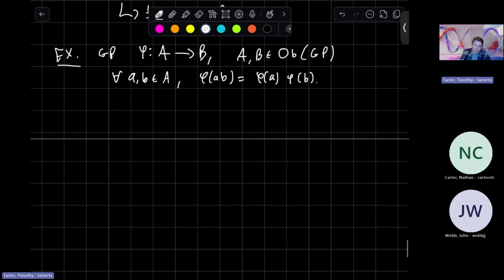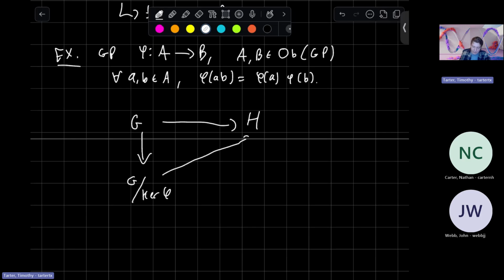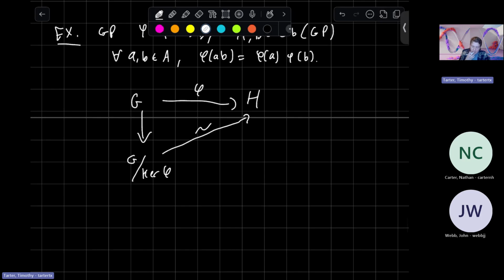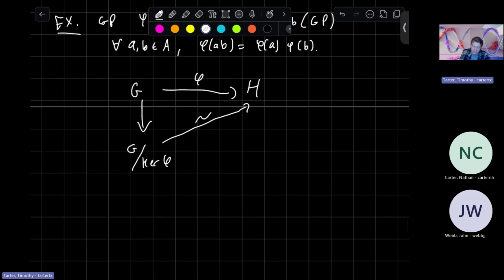The canonical thing you should be thinking of is, in the category of groups, a commutative diagram could be seen as something like the first homomorphism theorem that we talked about in lecture 2: that G mod the kernel of the map to H is isomorphic to H. And I guess this has to be a surjection.